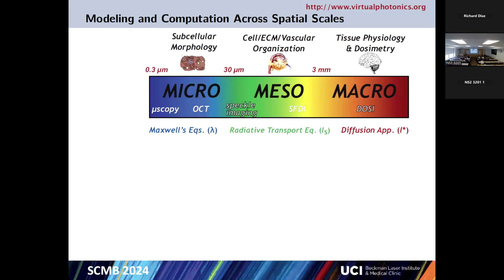And in the visible near infrared portion of the spectrum, that spatial scale is anywhere from, say, 5 to 50 microns. Here you can treat that propagation over spatial scales larger than L s using radiative transport.